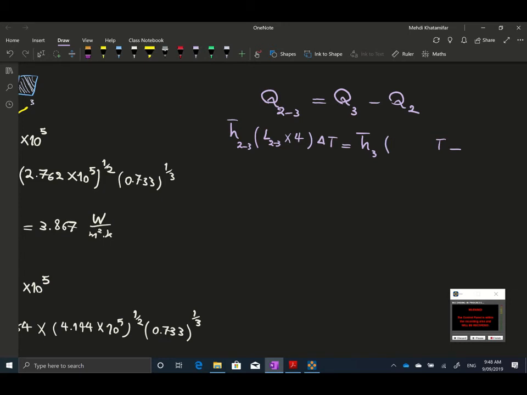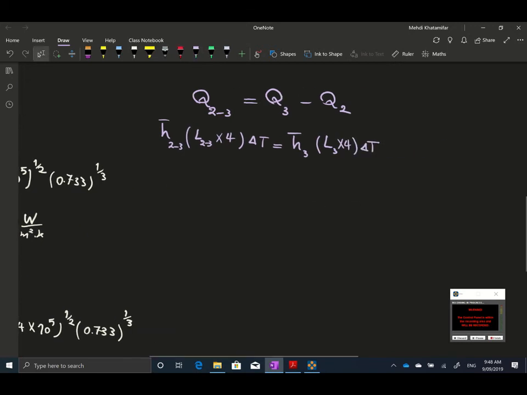So here again, H3 L3 times 4 delta T minus H2, L2 times 4 meters delta T. So let's get rid of similar items, delta T, this 4.